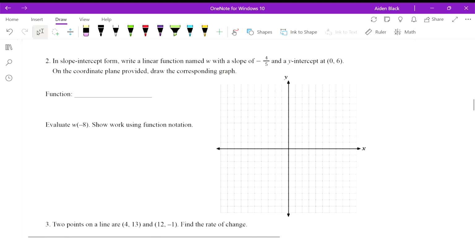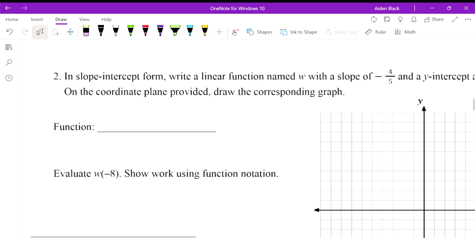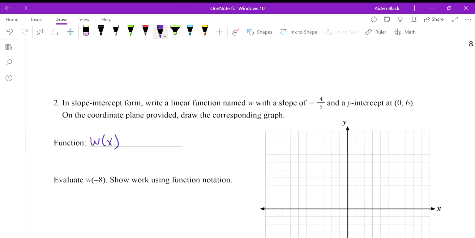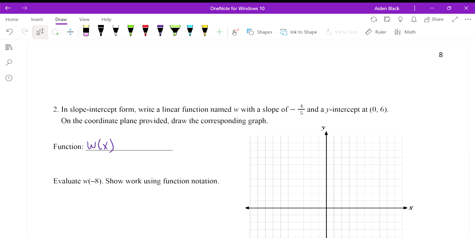In slope-intercept form, this is question 2. Write a linear function named w, so we can say w of x is equal to mx plus b. What's our slope here?